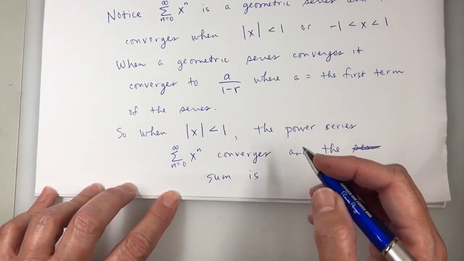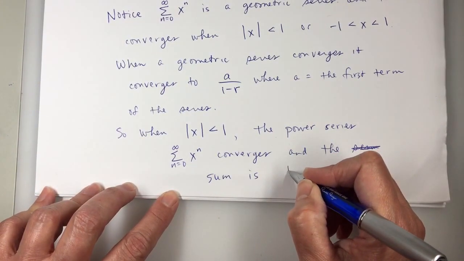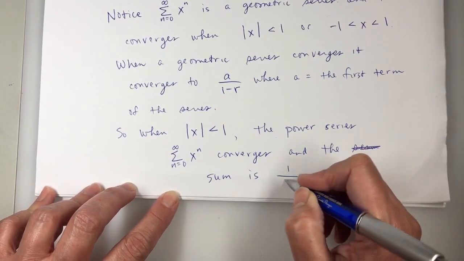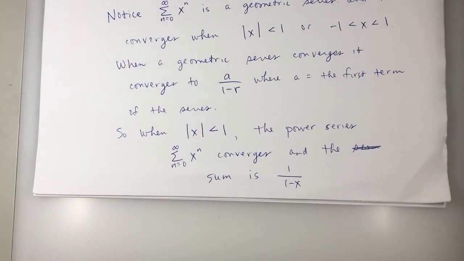What is the sum? 1 over 1 minus x. And I used a over 1 minus r.